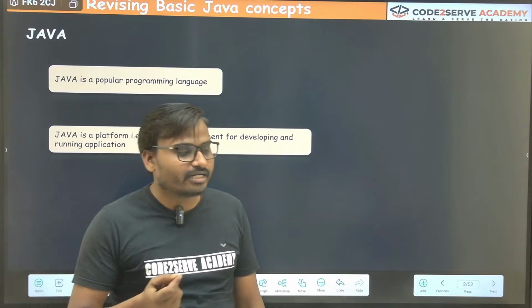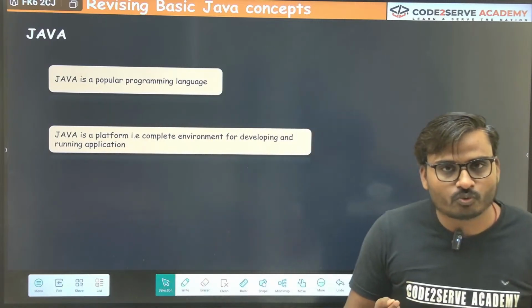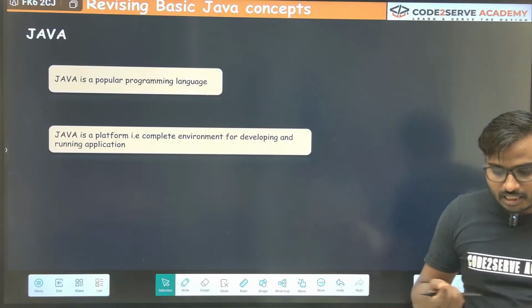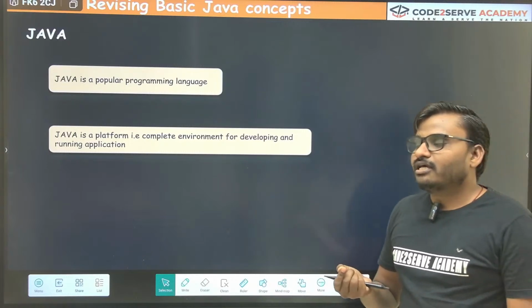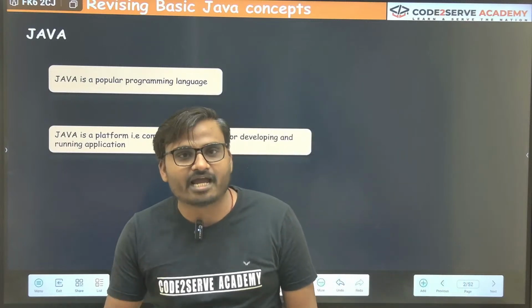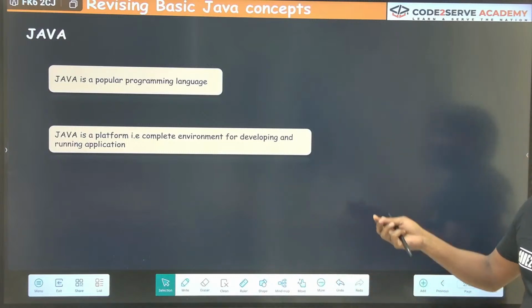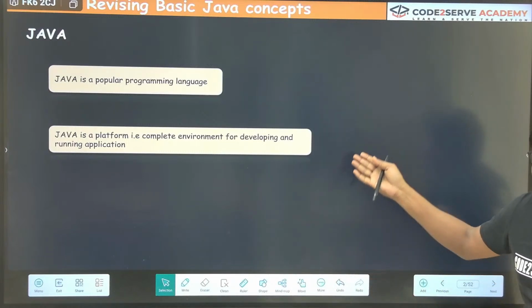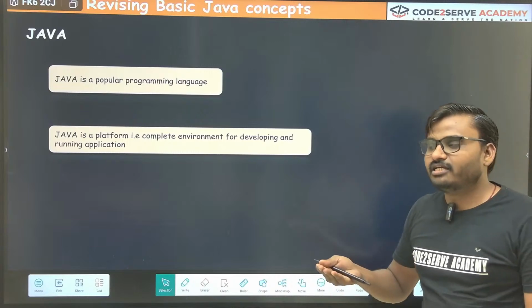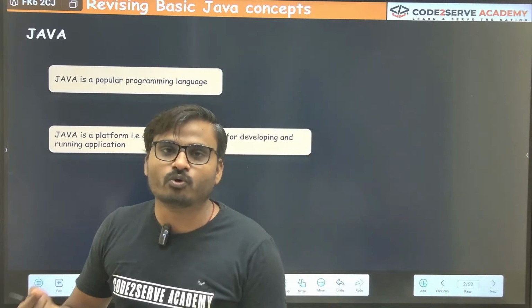So what is object-oriented programming pattern? You have already learned in class 9 what is programming paradigm. If you don't know what is programming paradigm, you can understand it this way, like different persons have a different way or a different style of writing. You are getting the point. You will see somebody writes in a different style, in different fonts. Similarly, in any programming language, there is a different way to code.